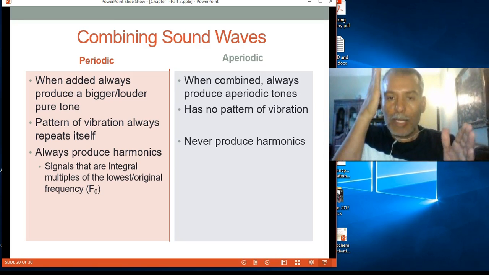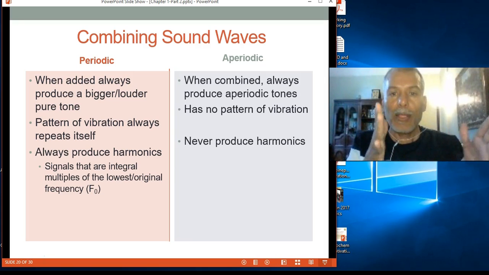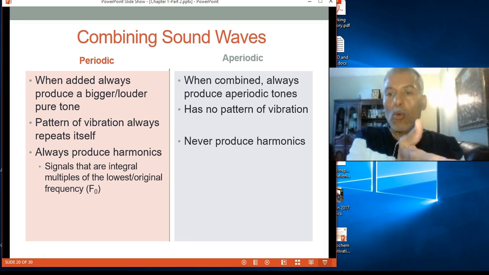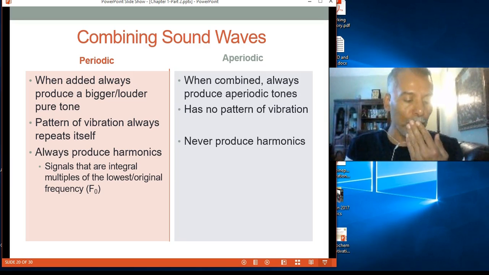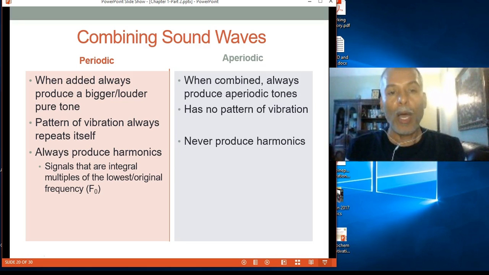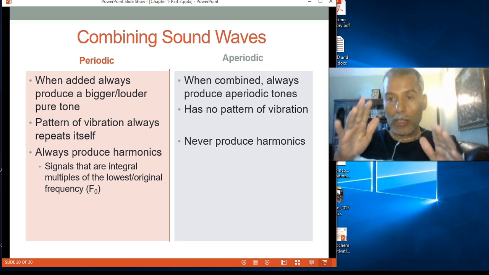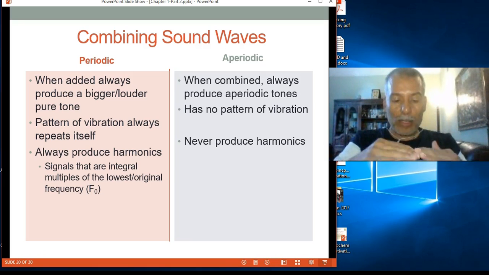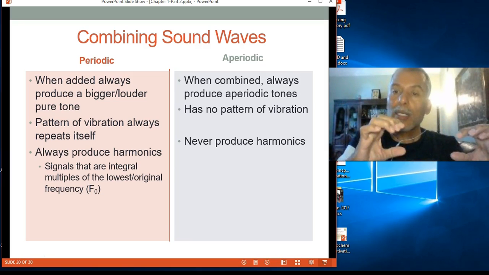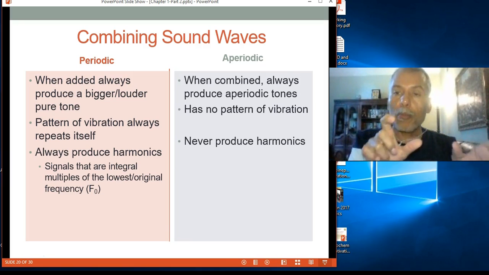So that string splits, and then half of it will vibrate at its own rate. Each half will vibrate. So that will become a harmonic. And then they continue to vibrate. That half is going to go rest, past rest, come back again, and it will split into two more smaller pieces.